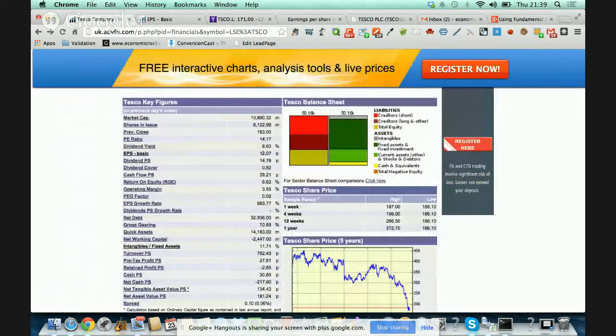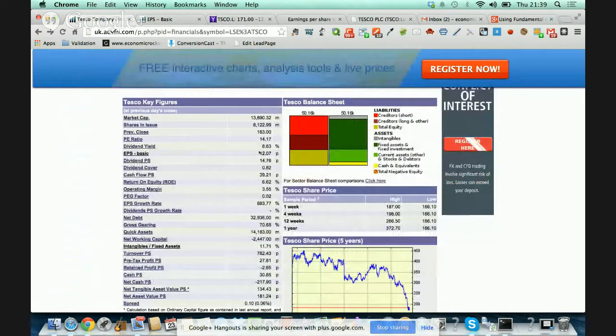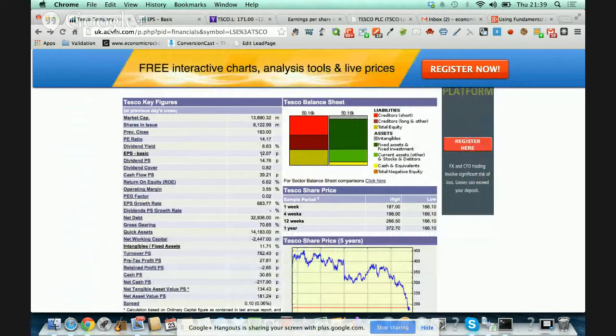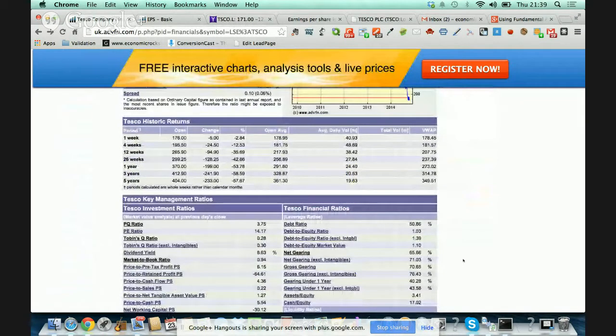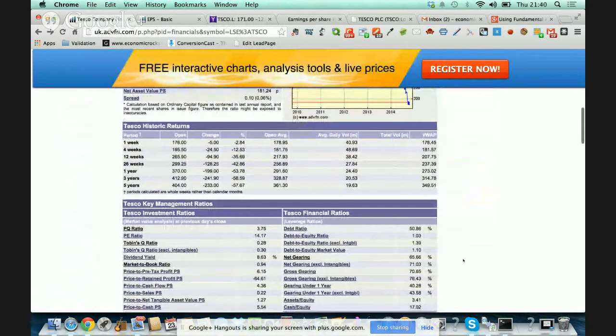You need to look at the numbers behind this 12p earnings per share, because at times the earnings could all be created based on the high levels of debt. And if there's high levels of debt, these will have to be repaid sometime in the future, and that could cause some problems for a company.